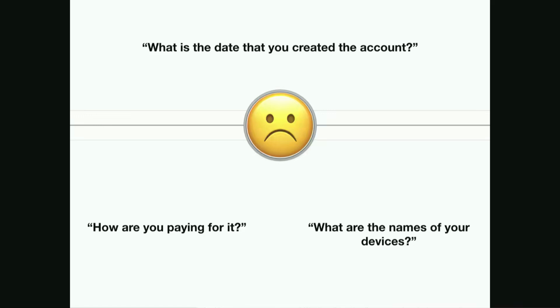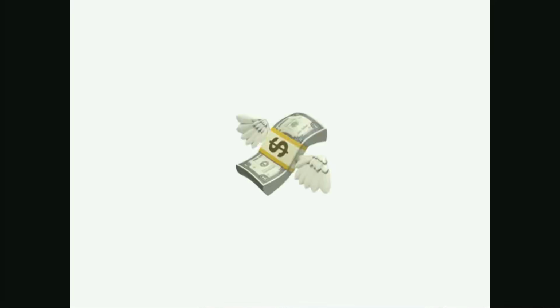So this is the first scenario in which we need to verify who we're talking to. The second one, in which the person doesn't have access to the account, is pretty interesting because it has to do with one of the things that is most important for all of us, money.